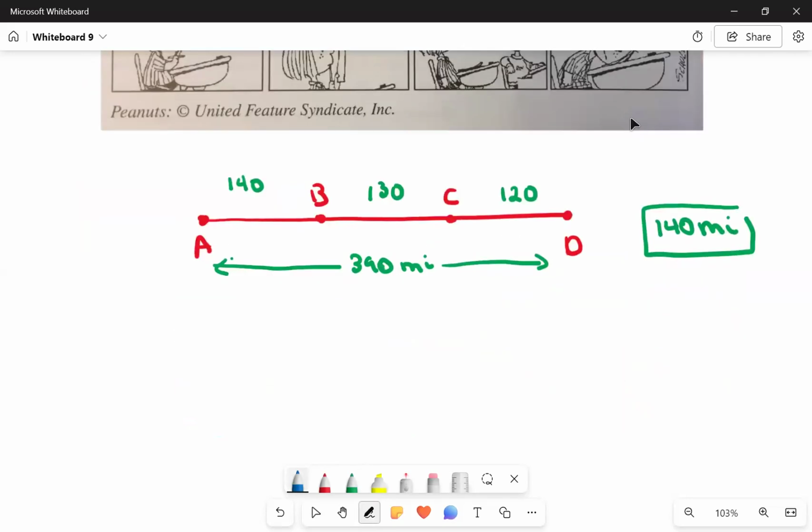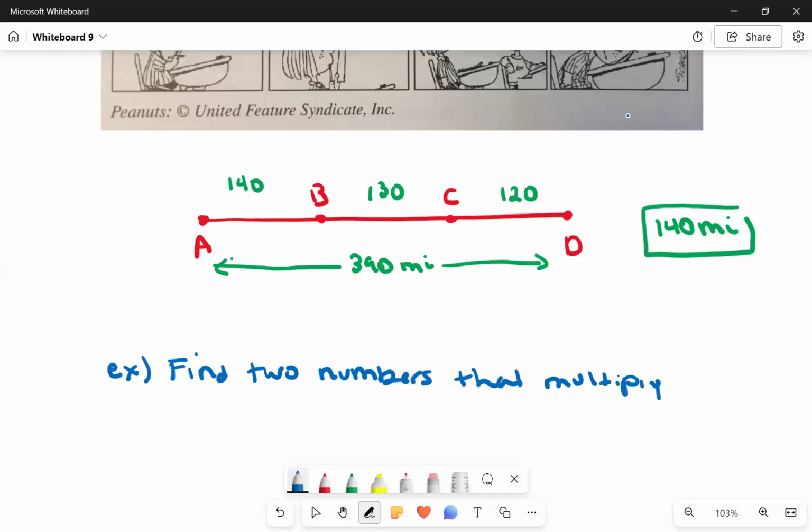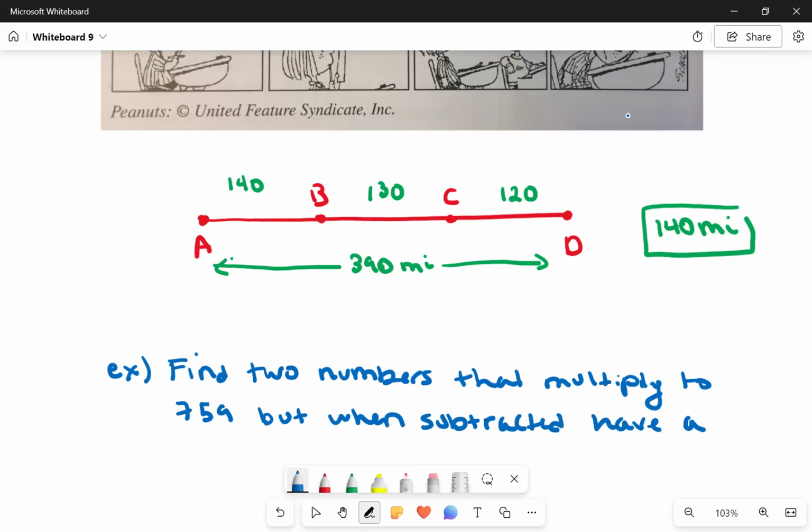Let's say this time I am told to find two numbers that multiply to 759, but when subtracted, have a difference of 10.